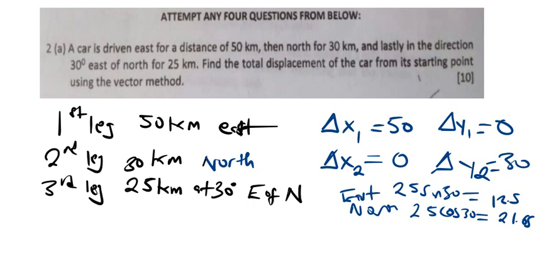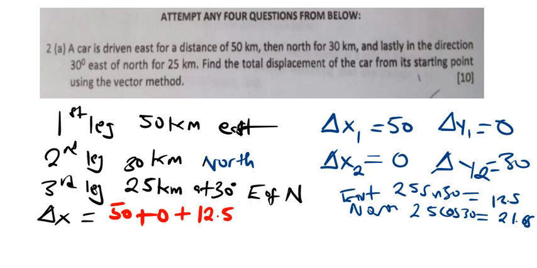What is the total for the x components? So the total for the x components, if I'm going to start adding now, I've got 50 plus 0. What other thing do I have? I have plus, in this case, 12.5.